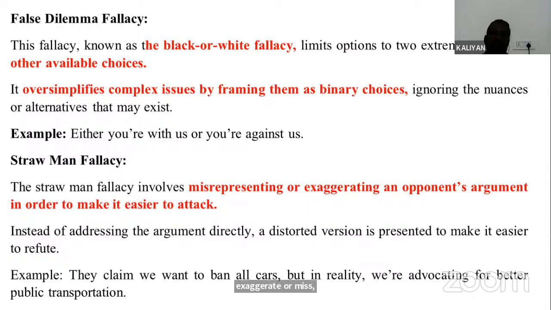That is the strawman fallacy, because they misinterpret or exaggerate the original argument. They claim we want to ban all cars, but in reality we are advocating for public transportation. This is a strawman fallacy.